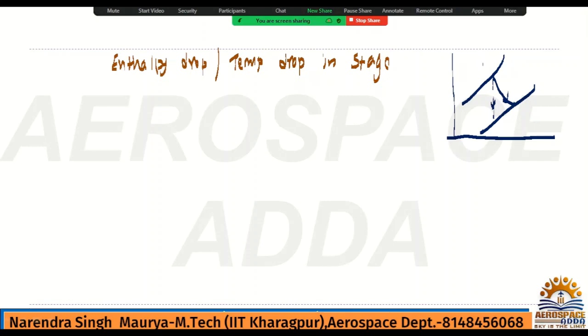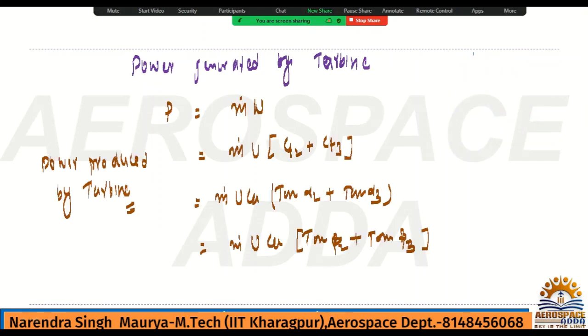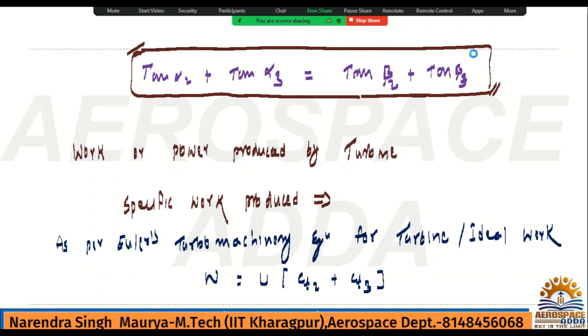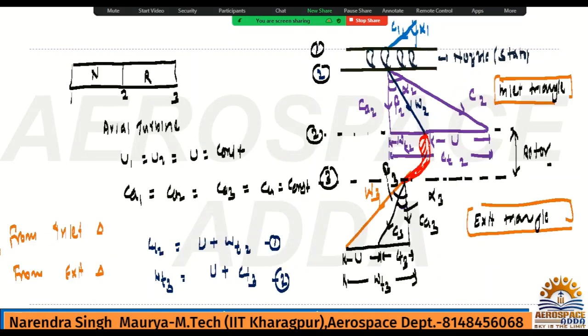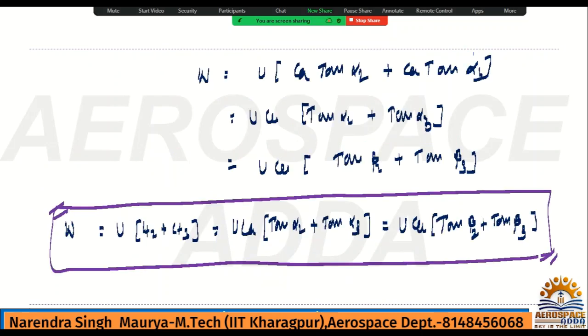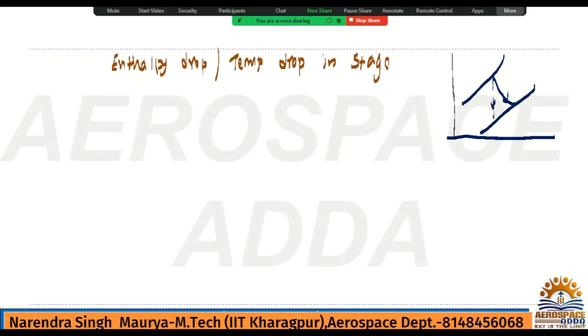For us in the turbine, if you check the stages, stage is between 1 to 3, so I can draw here 1 and 3. This is 1, this is 3, this is 01, and this is 03, this is the ideal.